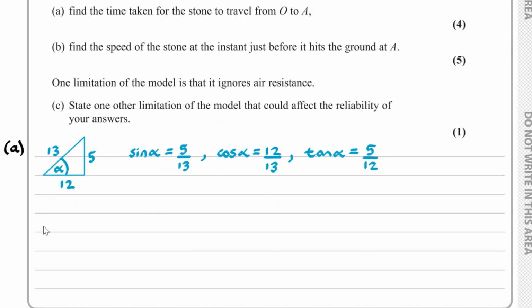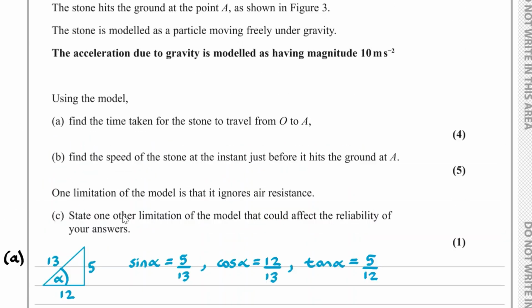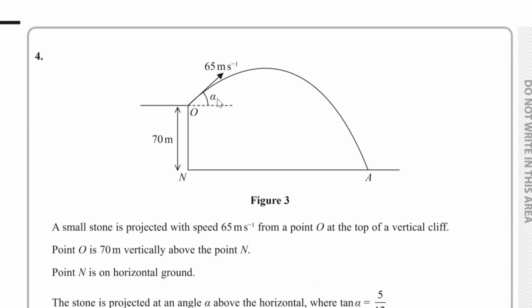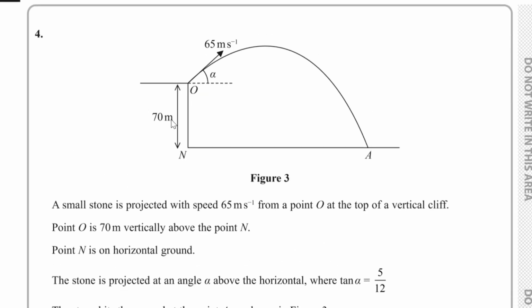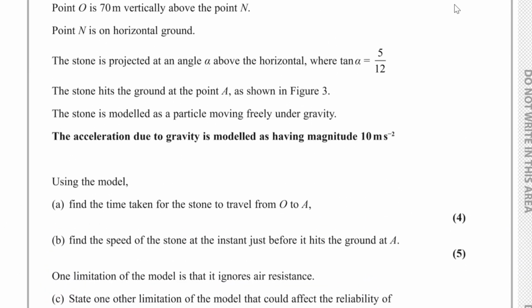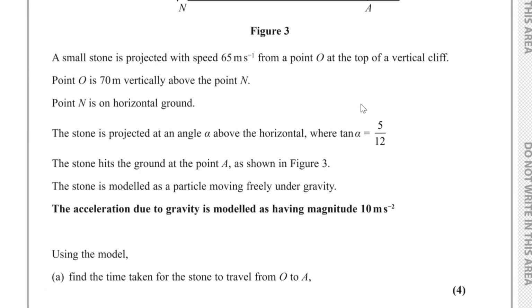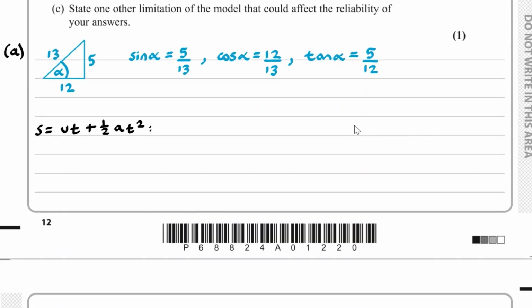So, using s equals ut plus 1/2 at squared, s here is equal to minus 70. If we take this point to be the 0 level, then we have minus 70 as the distance. This is equal to u. Well, if we resolve vertically, of course, we have u, which is 65 sine alpha.